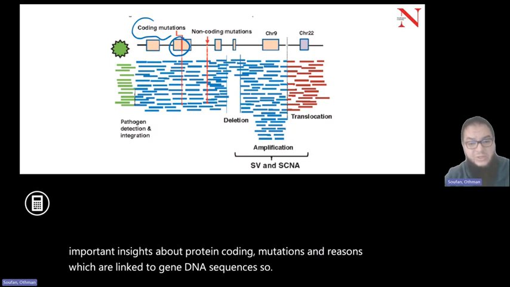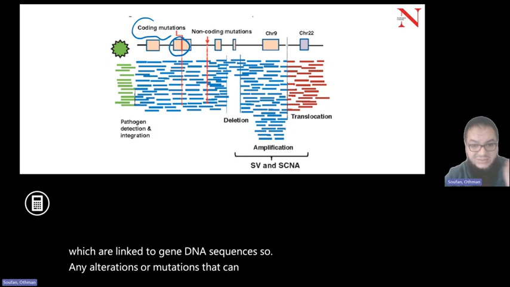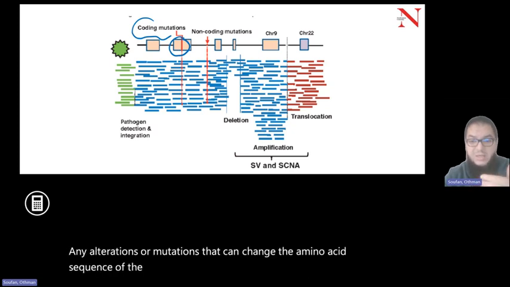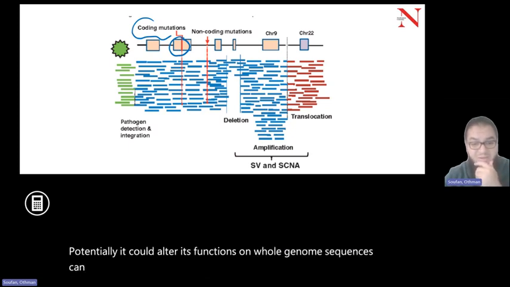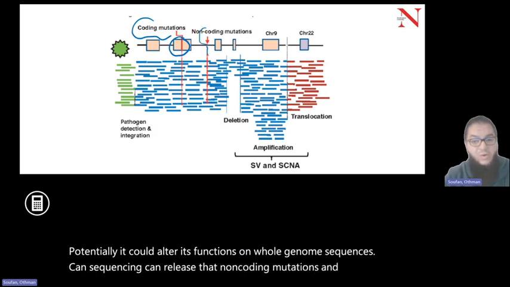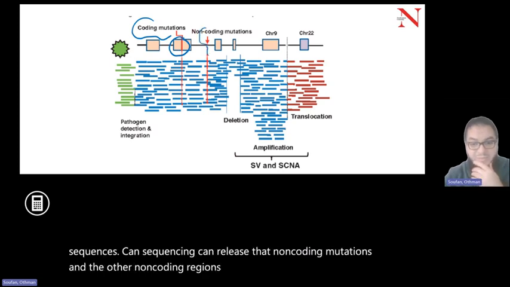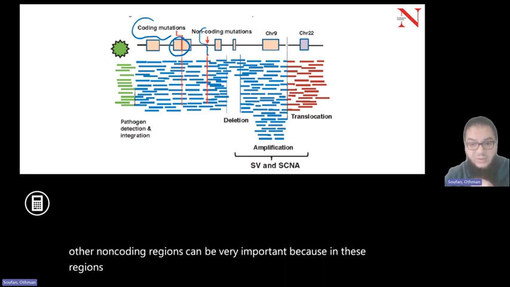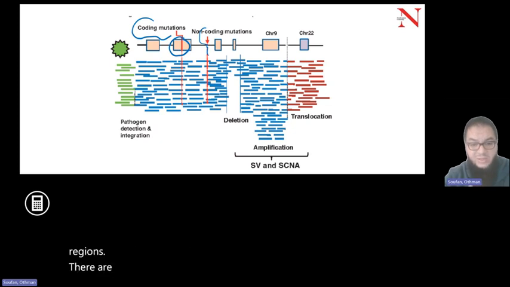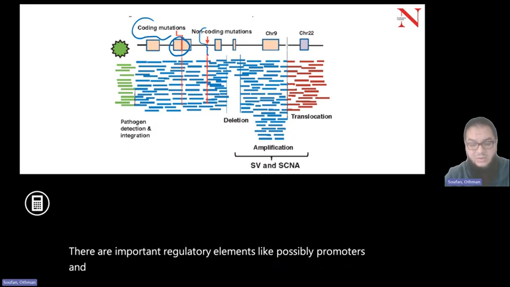So any alterations or mutations that can change the amino acid sequence of the protein, potentially could alter its function. So whole genome sequencing can reveal that. Non-coding mutations and the other non-coding regions can be very important, because in these regions there are important regulatory elements like possibly promoters, enhancers, or other non-coding RNAs.